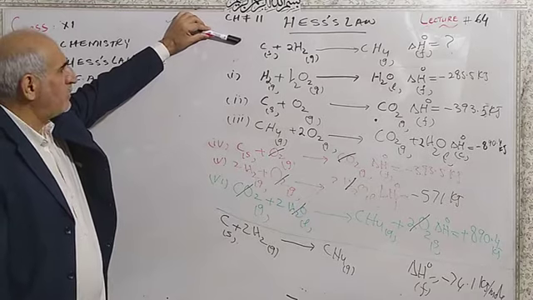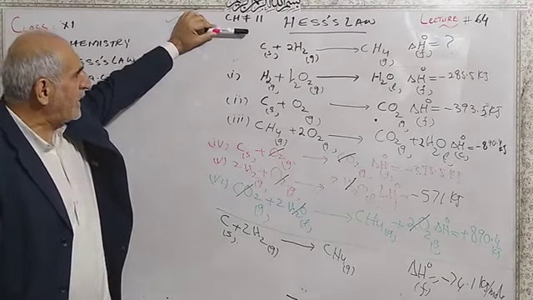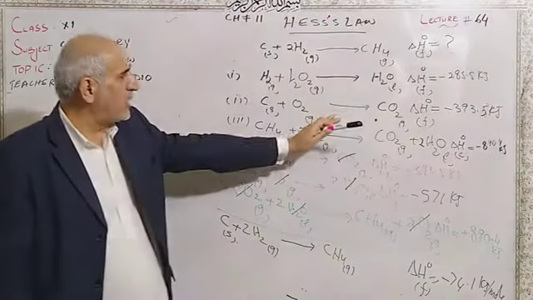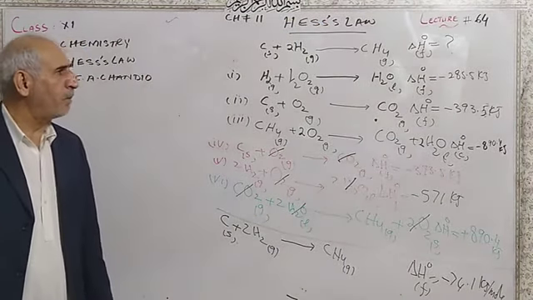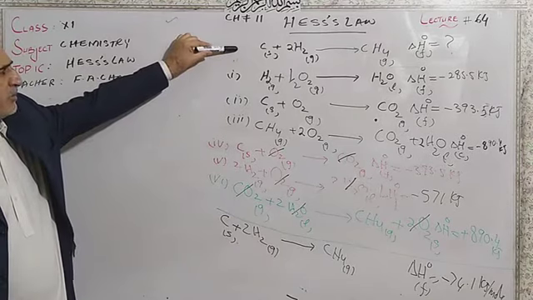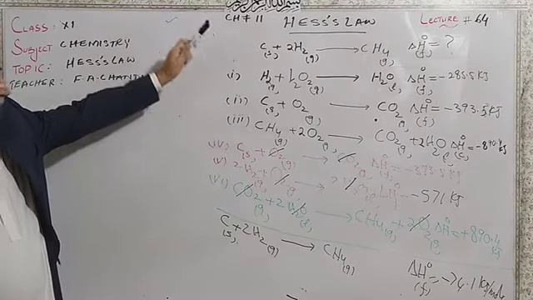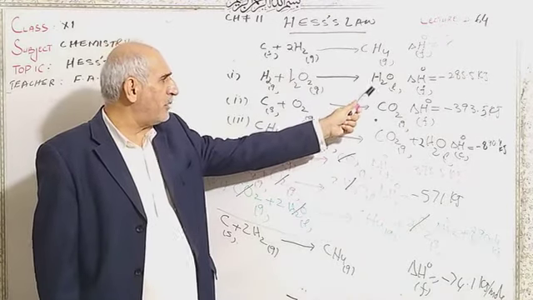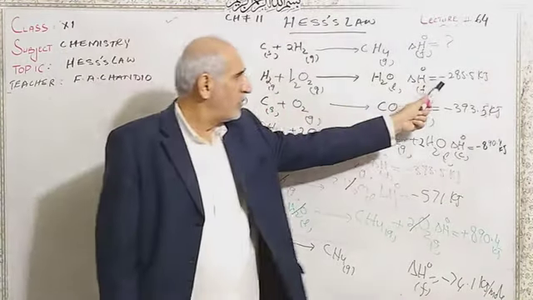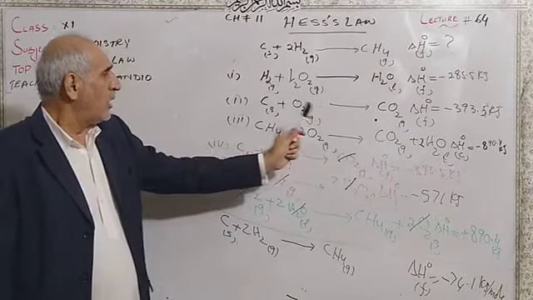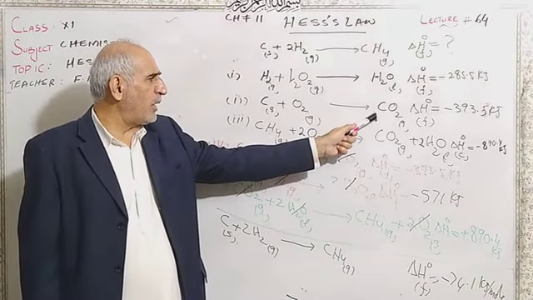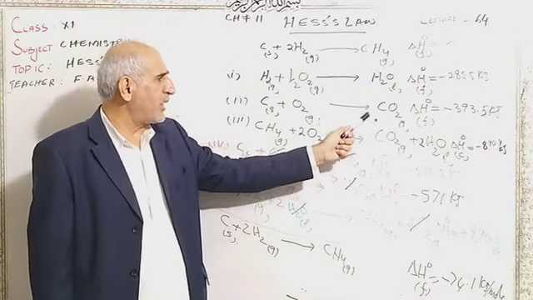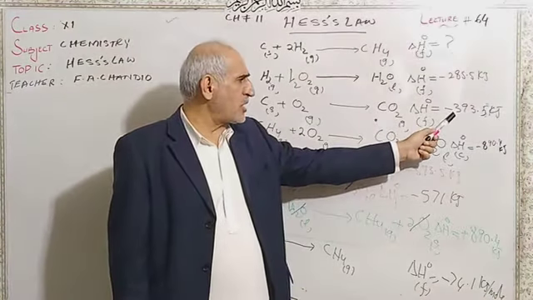This is a question: calculate the heat of formation of 1 mole of methane by using the given data. The given data is the formation of 1 mole of water. This value will be provided. Formation of 1 mole of carbon dioxide, or combustion of carbon in oxygen to give carbon dioxide gas, is an exothermic process.